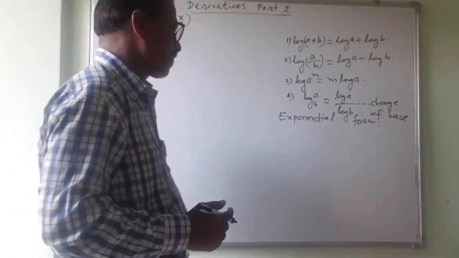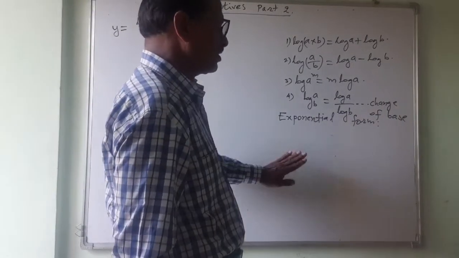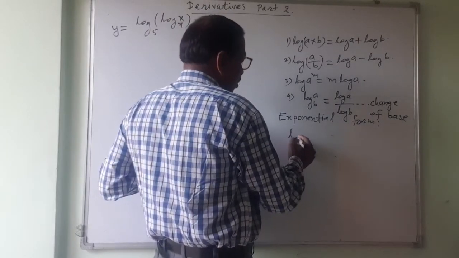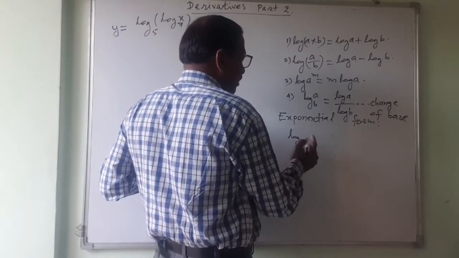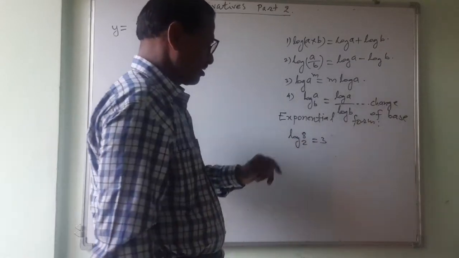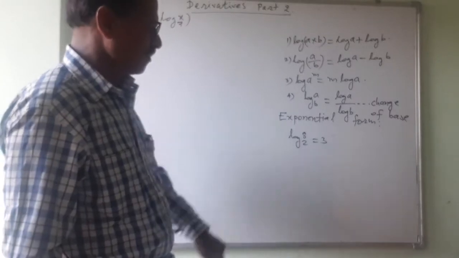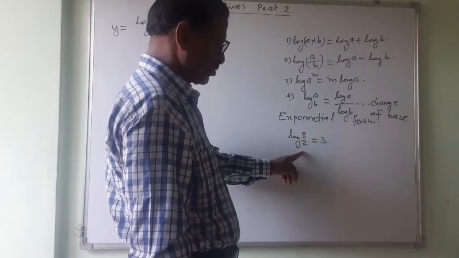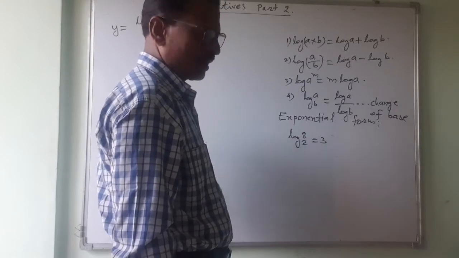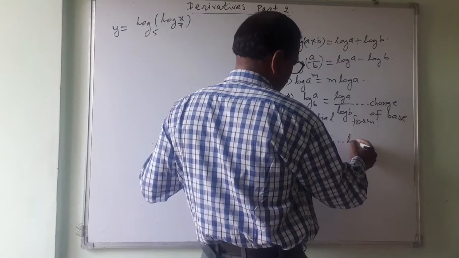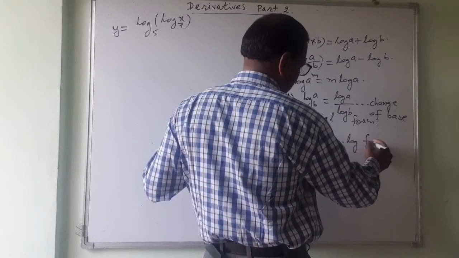Show that... exponential form. What is that? Say suppose log of 8 to the base 2 is equal to 3. That is true. Log of 8 to the base 2 is equal to 3. This is the logarithmic form.